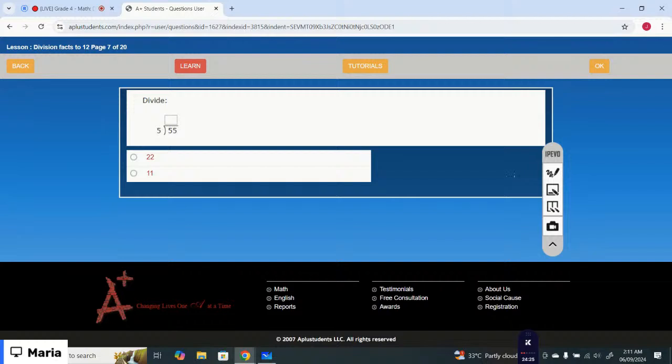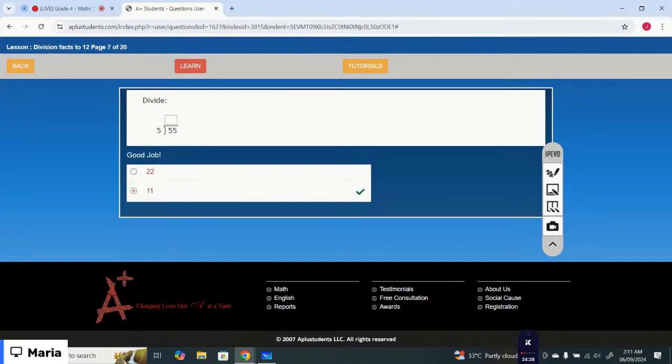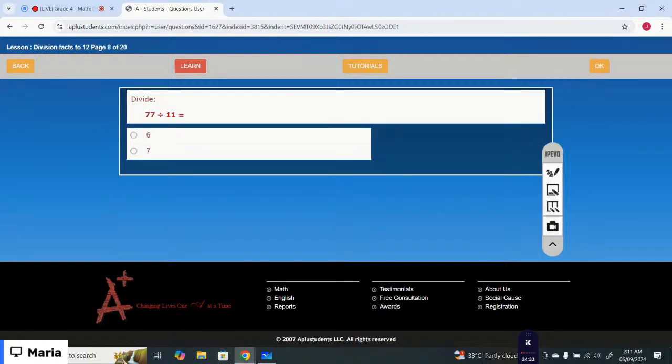That is 11. 77 divided by 11, which is the correct option? That is 7, right? Option number 2 is the correct option.